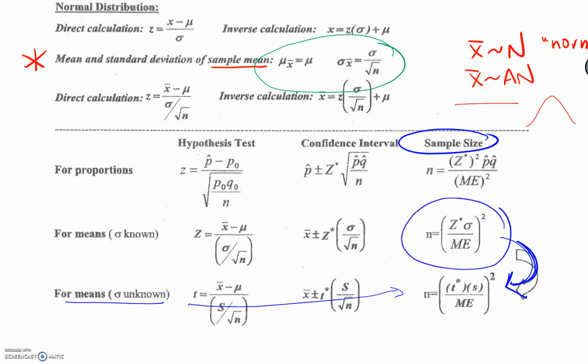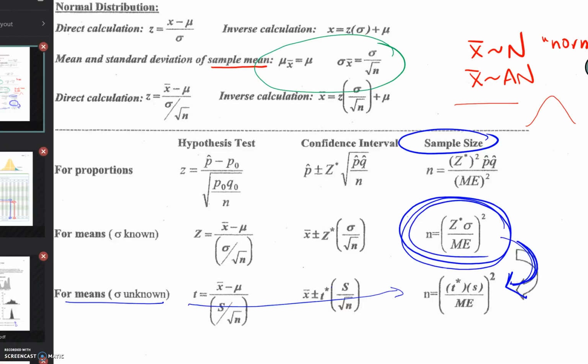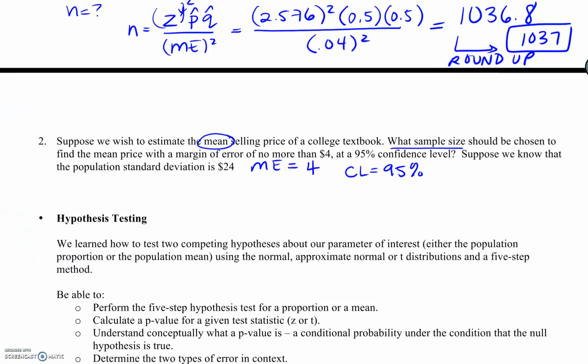So this is really all you have to worry about. I will give you the population standard deviation. And you can see on this old test question, that's exactly what I've done. If we keep reading, oh, look, separate sentence. Suppose we know that the population standard deviation is 24. Sigma is 24. We can use that first formula. We don't have to do the crazy 2 steps.